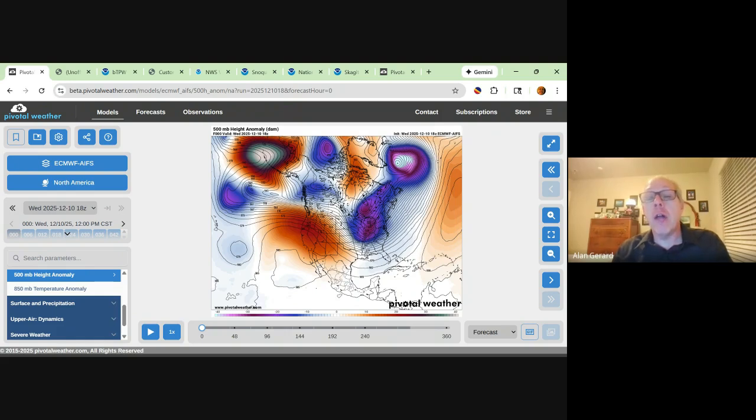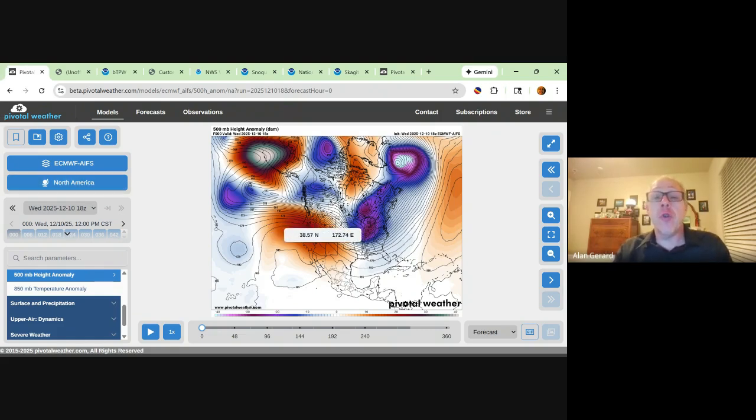So reds are where the heights are above normal, where we have higher pressure essentially aloft in the atmosphere, and the blues are where we have below normal heights.